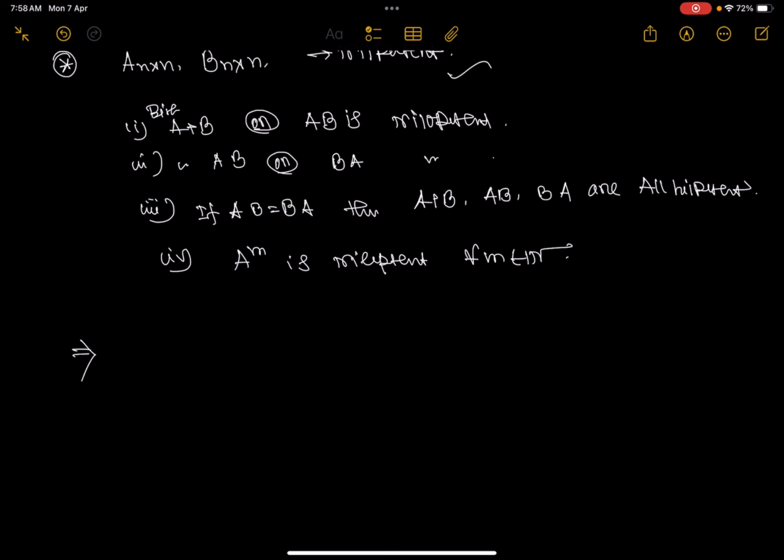By induction we can say that A to the power k equals this, for k belonging to natural numbers. This is a nilpotent matrix, this is a nilpotent matrix. For some k belonging to natural numbers, this goes to 0, this goes to 0, so this always goes to 0.